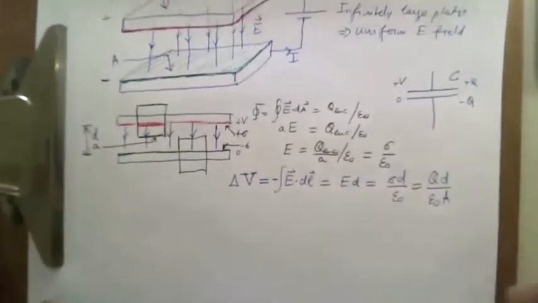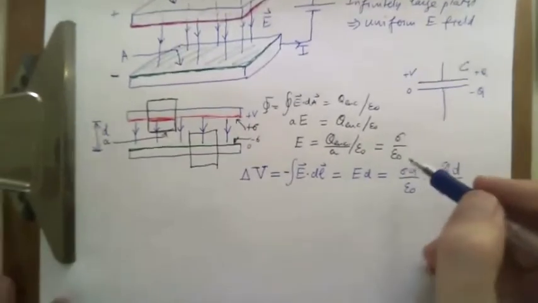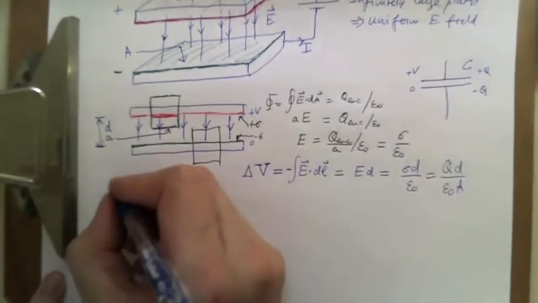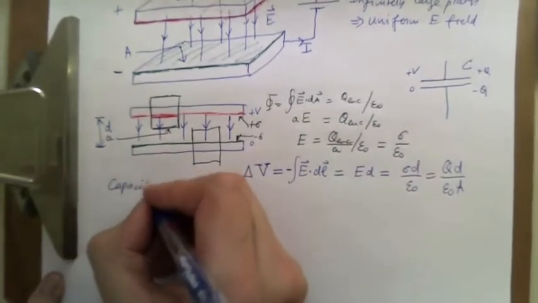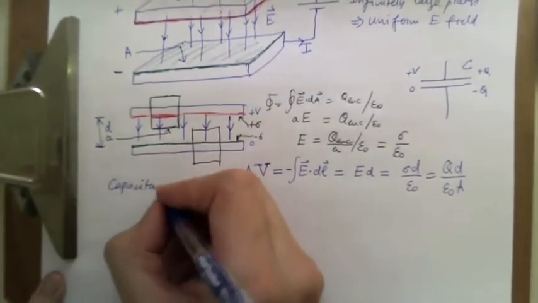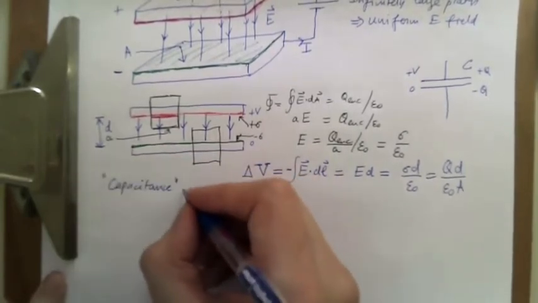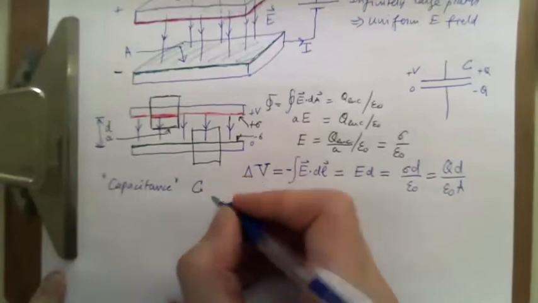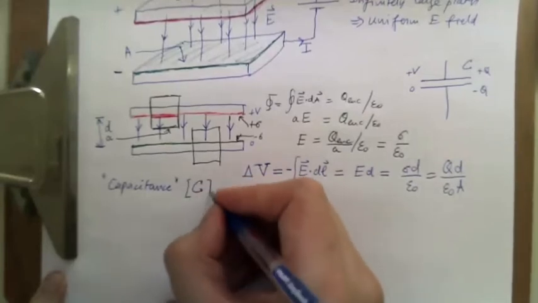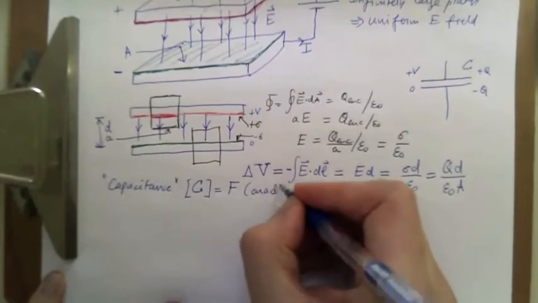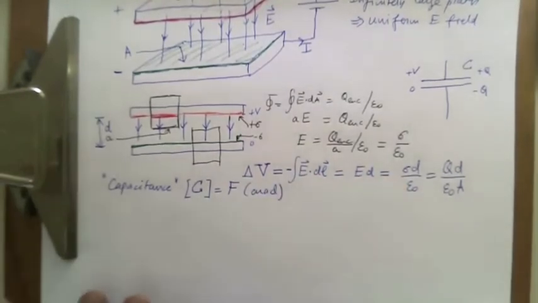Now, for capacitors, there's a quantity called capacitance. We'll use the symbol C for that. The units of C are farads, short for Faraday.